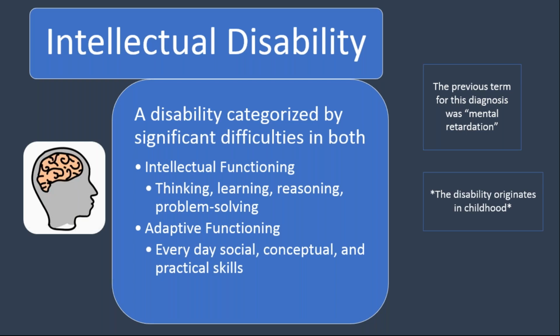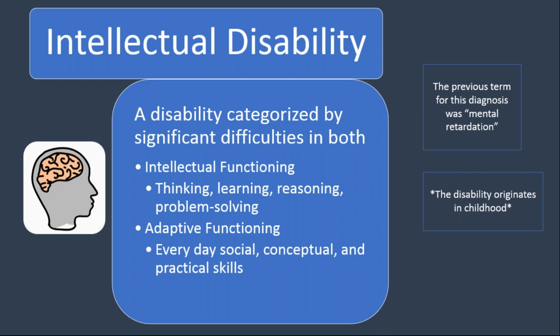The other thing to keep in mind is that an intellectual disability is a neurodevelopmental disability, which means it comes from the way that the individual's brain has developed over time. And as a result, this disability needs to exist in childhood. So it can't be something that is acquired, for example, later in life.